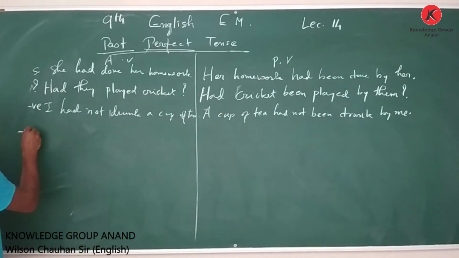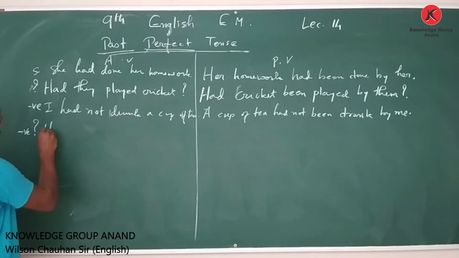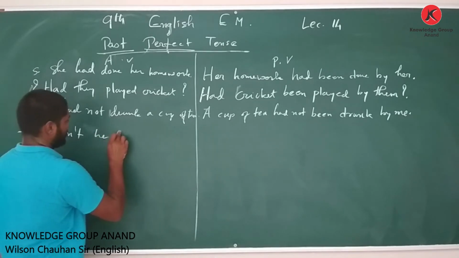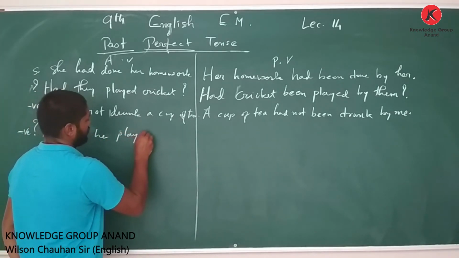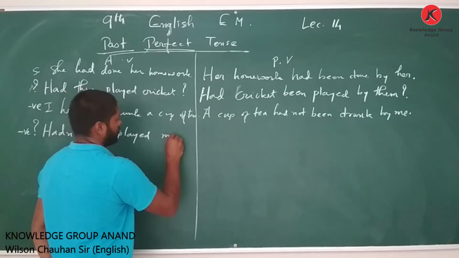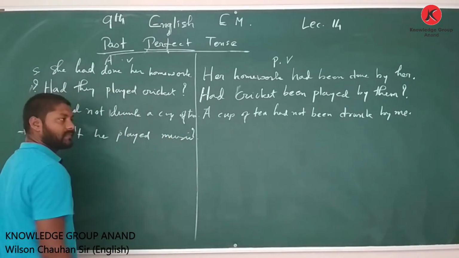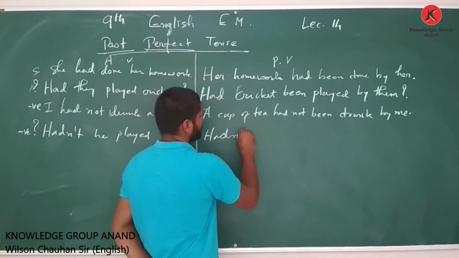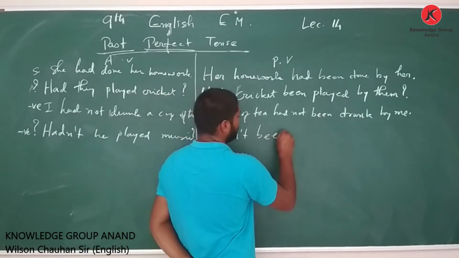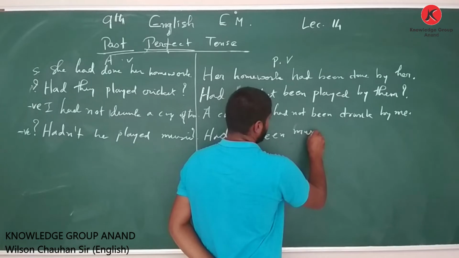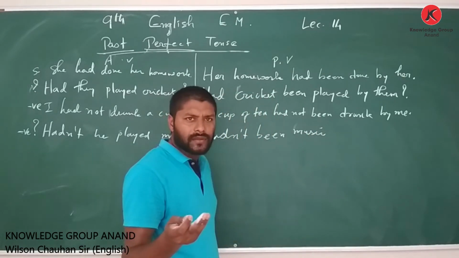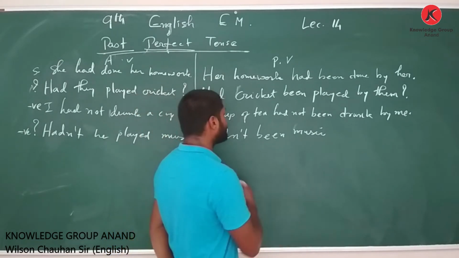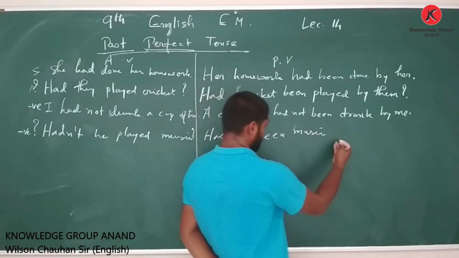Now we will have a negative question. Hadn't he played music? Okay? Hadn't he played music? So, hadn't been music played. Now, music is a piece of either an instrument or a kind of classical singing.